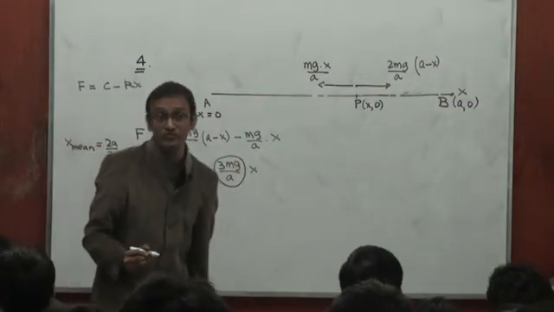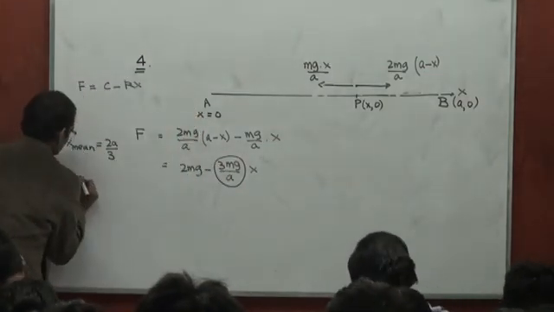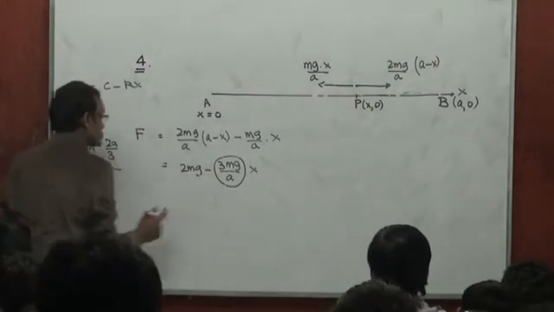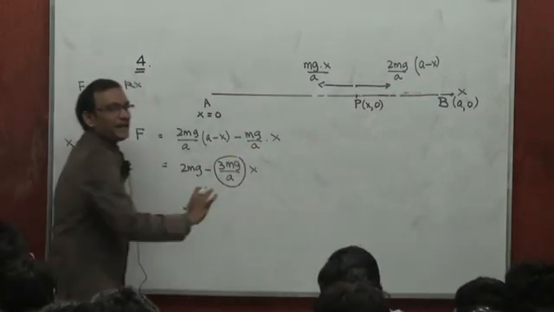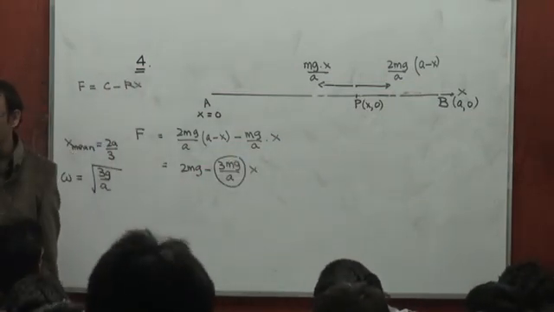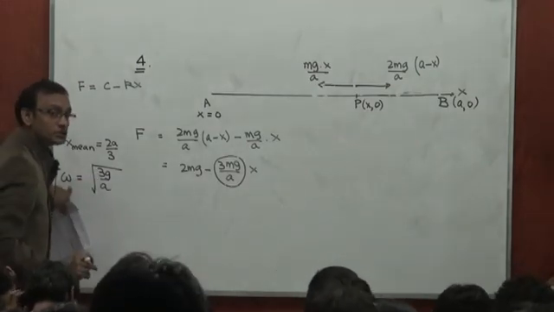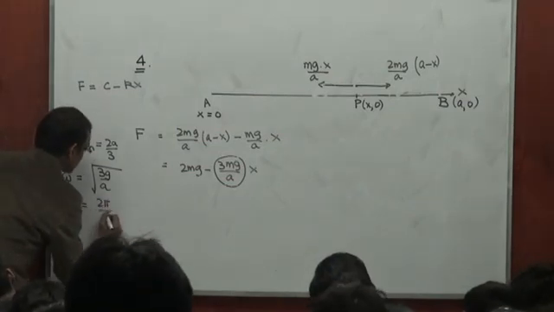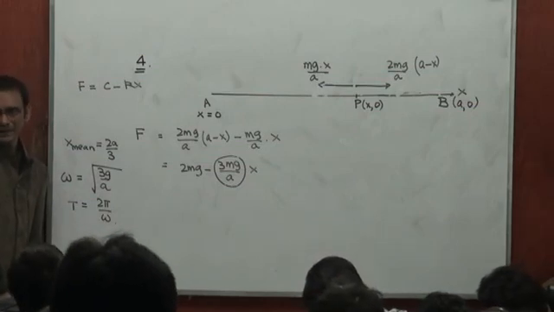So the omega for oscillation is going to be root k divided by m, that is root of 3g by a, and therefore the time period for the oscillation is going to be 2 pi by omega. Got me?